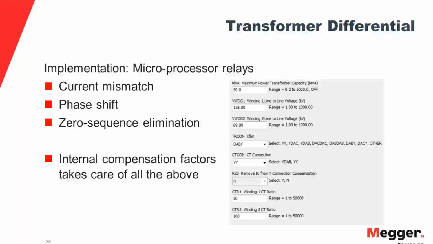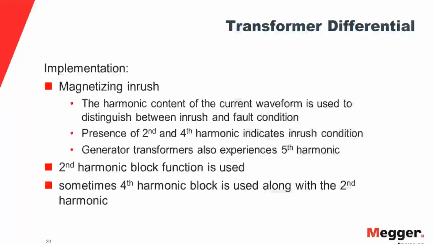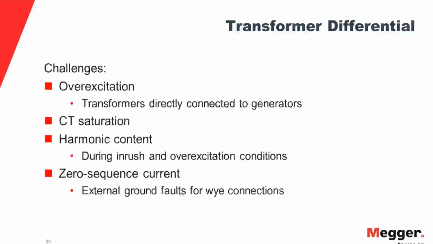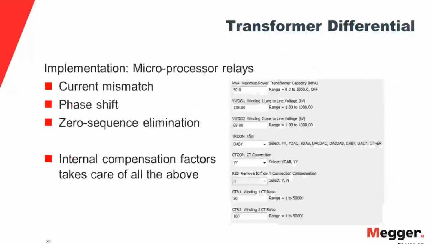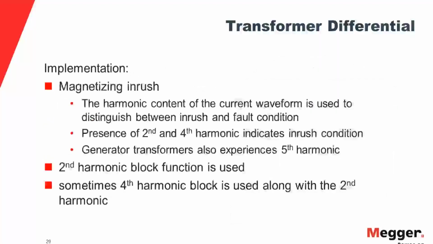So you have three-phase compensation factors, single-phase compensation factors, and zero-sequence compensation factors, which pretty much calculate the same way an electromechanical relay would do through connections. So these internal compensation factors will take care of the CT mismatch, phase shift, and also zero sequence elimination.